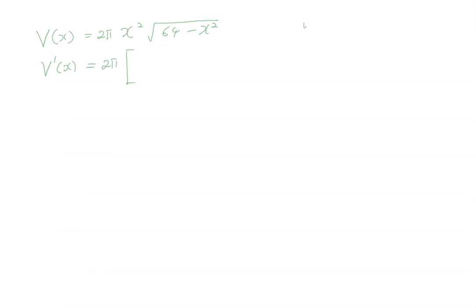Okay, let your u be x squared and your v be 64 minus x squared to the power half.